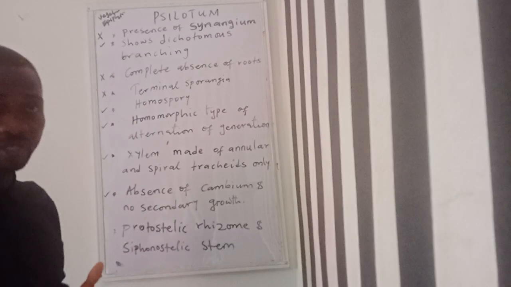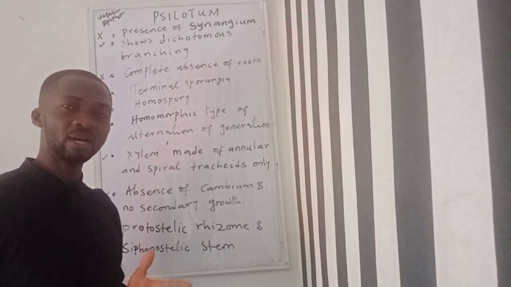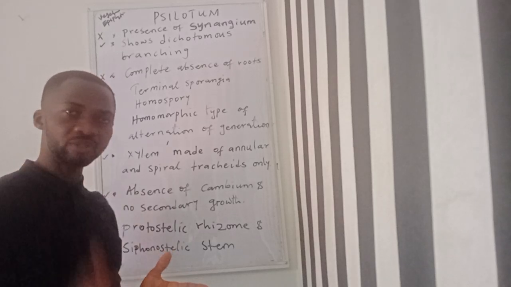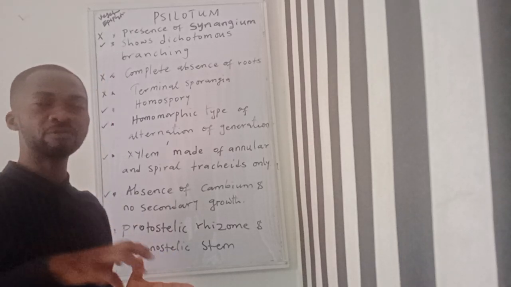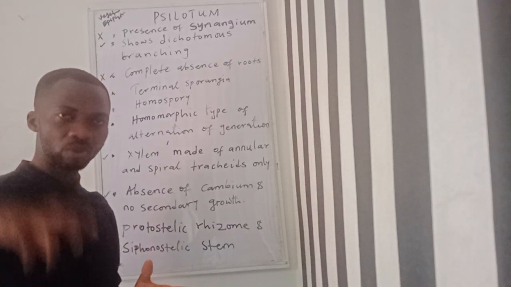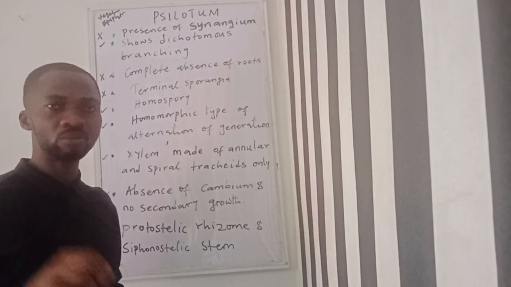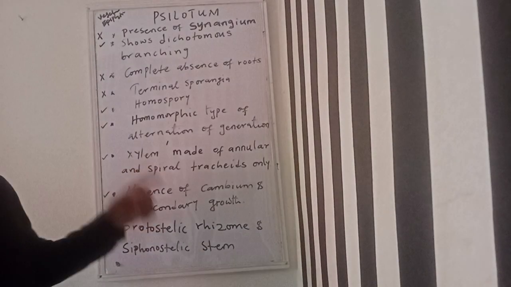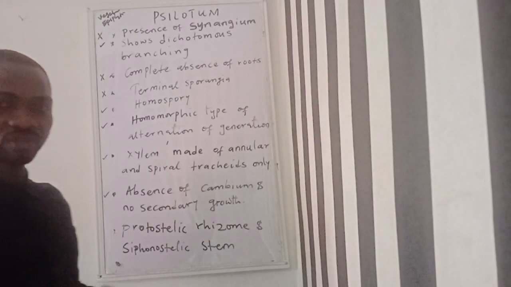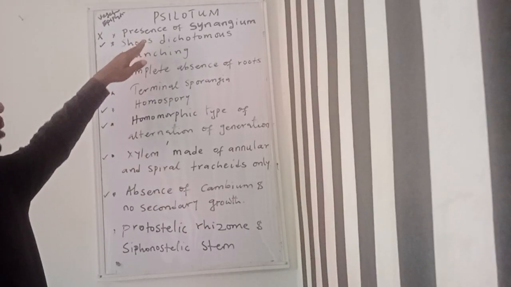Two, vegetative propagation through the fragmentation of the rhizome and through the formation of oval multicellular gemmae on the surface of the rhizome or the prothallus. Then the last one I mentioned is the fact that some grow as epiphytes while some grow as terrestrial plants or organisms. Then let's now start with what we have here.